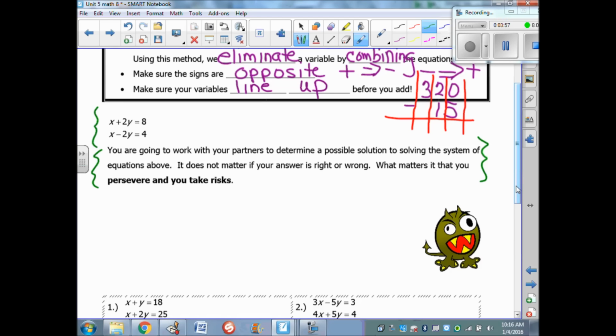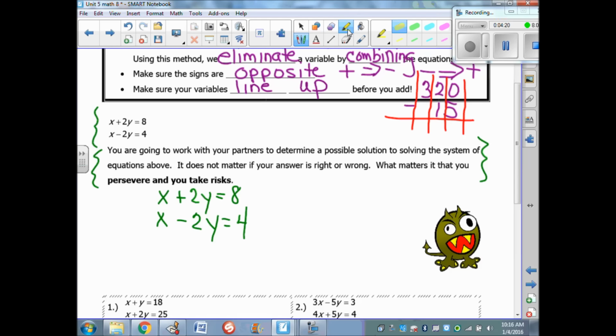So let's take this system of equations. I'm just going to rewrite it so we can take a look at it. Equals 4. Does everything line up before we can even start this process?